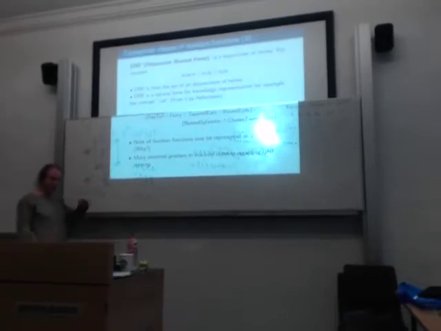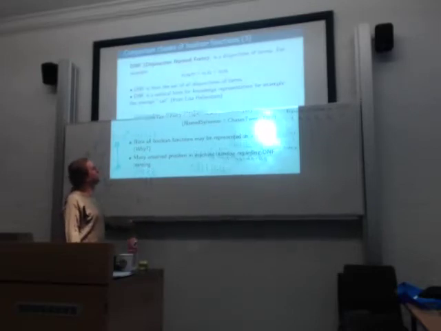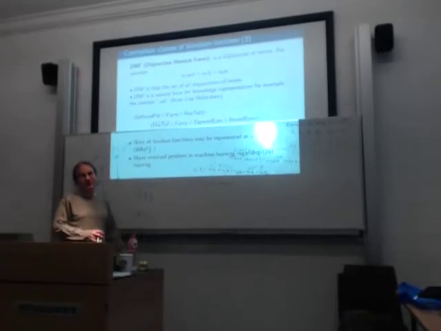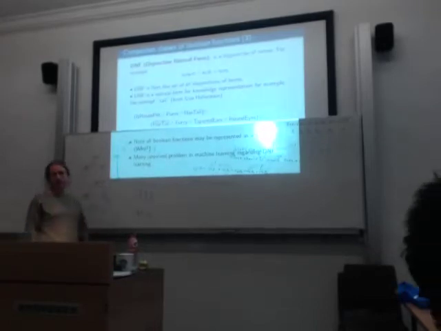So any Boolean function corresponds to some DNF with up to 2 to the n terms in it, where each of those terms corresponds to me naming a corner of the hypercube.